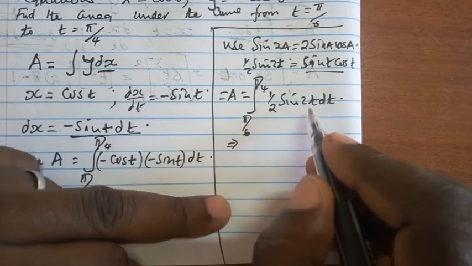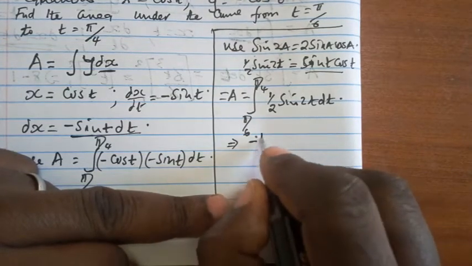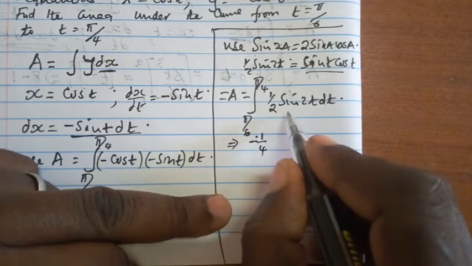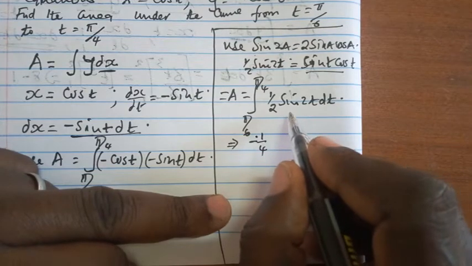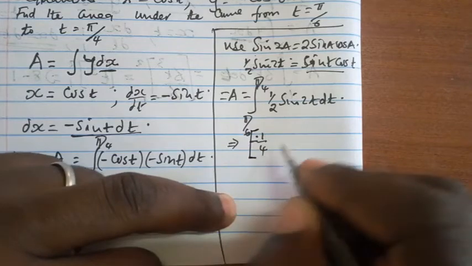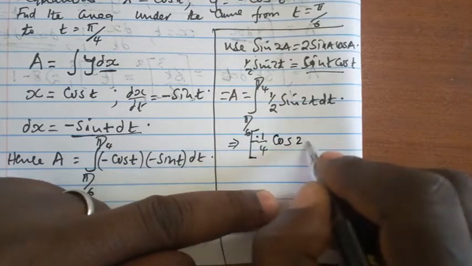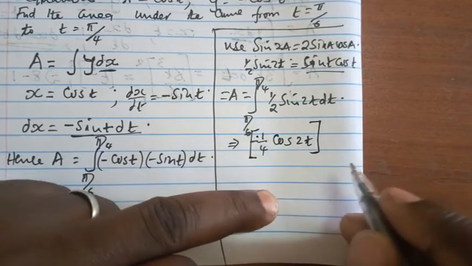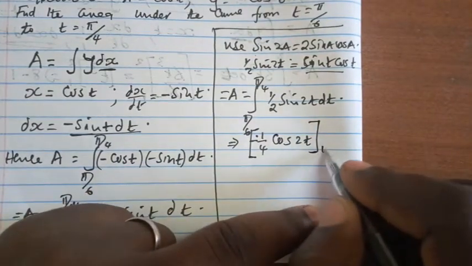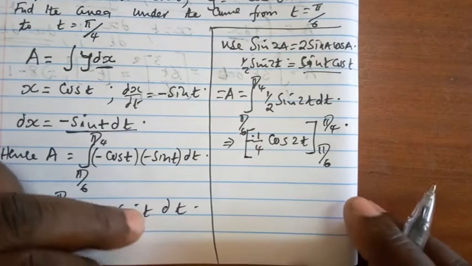A half times a half is a quarter, and in fact minus a quarter, because the integral of sine is negative cos. So minus a quarter cosine 2t, and then we apply the limits pi over 6, pi over 4.